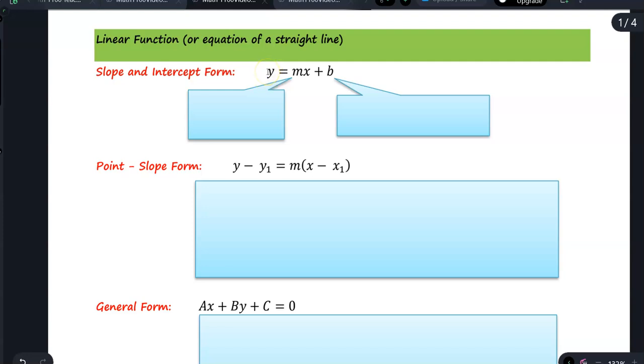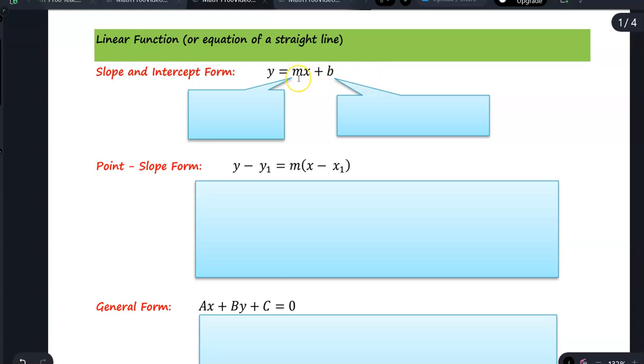This is just y equals mx plus b. So they say that this equation is fully solved for y. That means you only have one y remaining on this side of the equation, and the rest is going to the other side. And on the other side, you have m times x plus b.